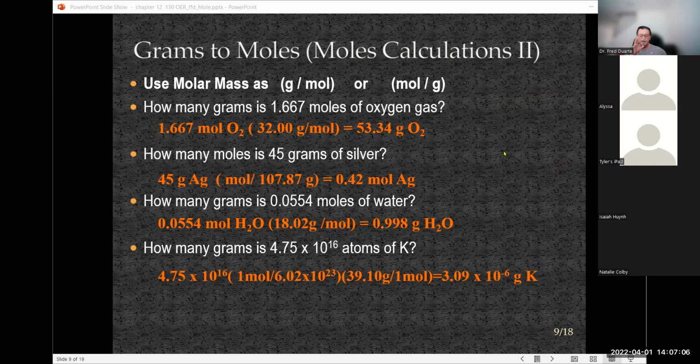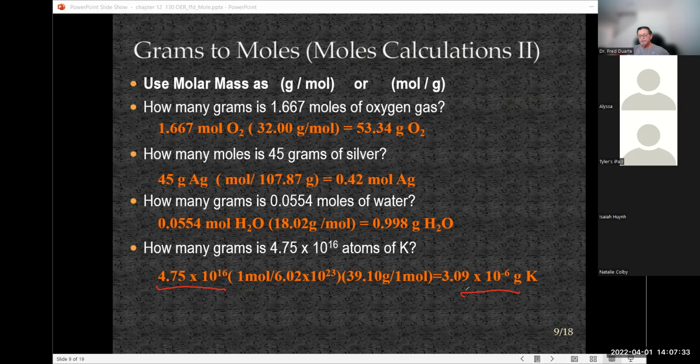Hopefully this should give you a lot more perspective as to the size of these atoms. Notice that's a big hefty number, 4.75 times 10 to the 16. It's a pretty big number, okay? But that represents, weight-wise, for potassium, only 3.09 times 10 to the -6 grams.